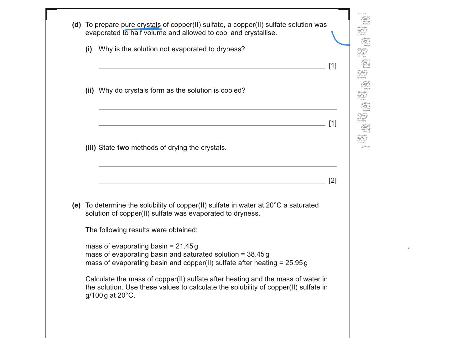So if we were just to heat the solution, I'm going to draw the apparatus. So we've got our Bunsen burner, have our tripod, then we'll have our wire gauze, then the evaporating basin, I'll just do it, evap basin.